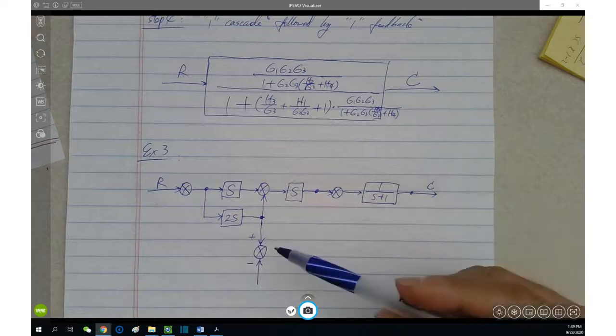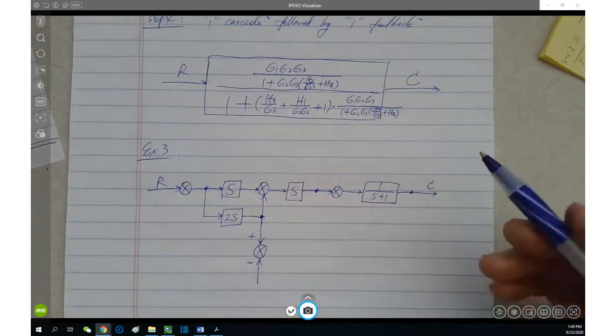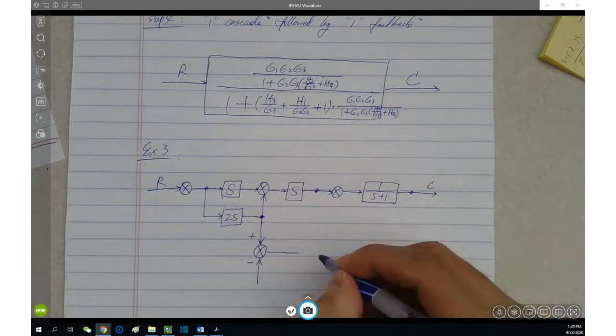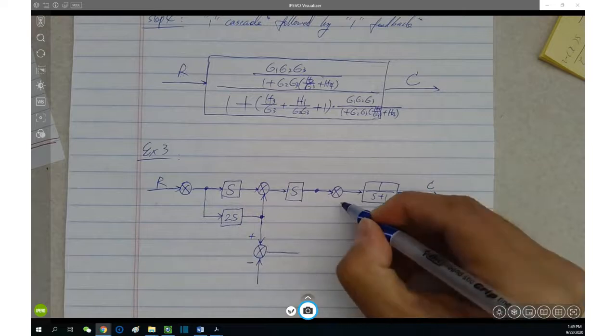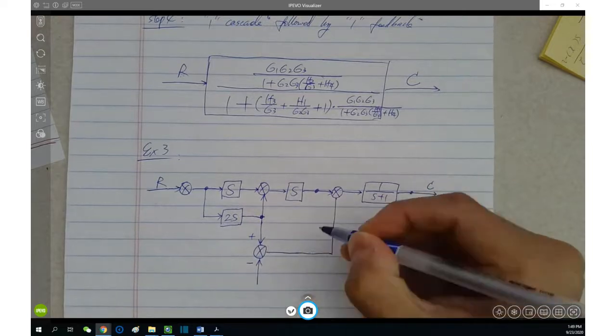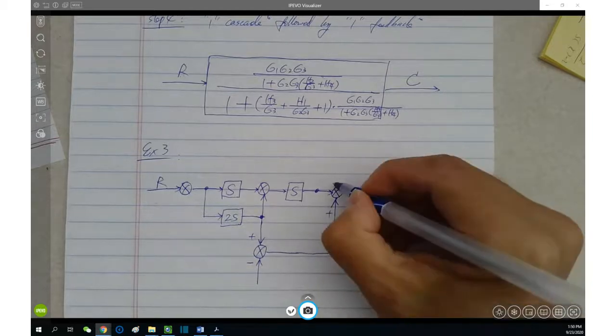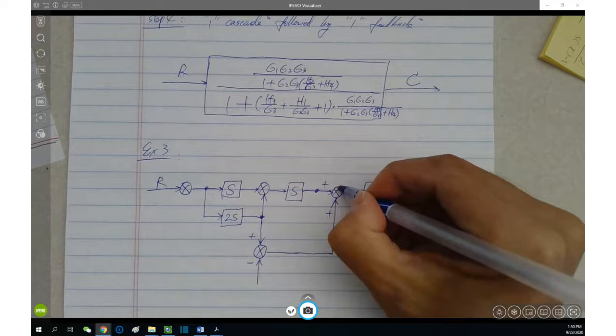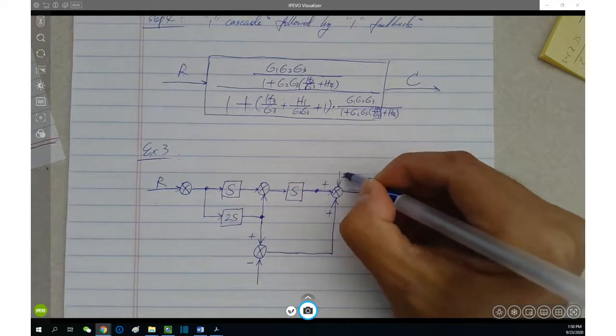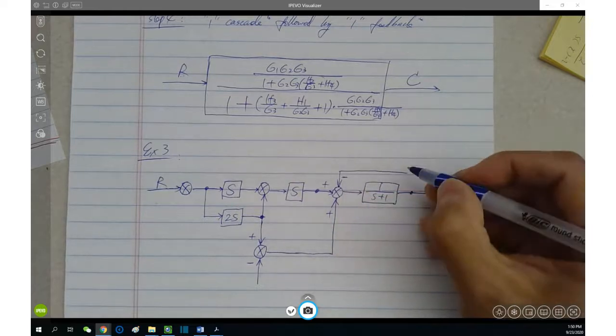Yeah, this kind of look is a little bit scary, but it can always be solved by following the basic principles we learned.